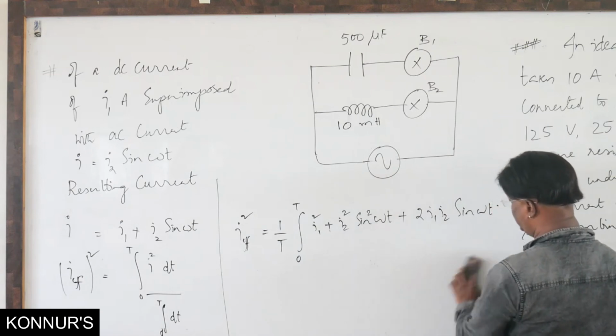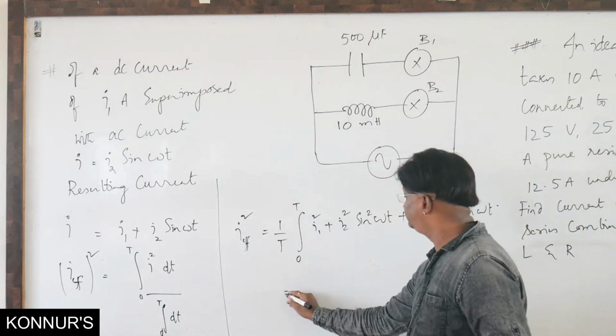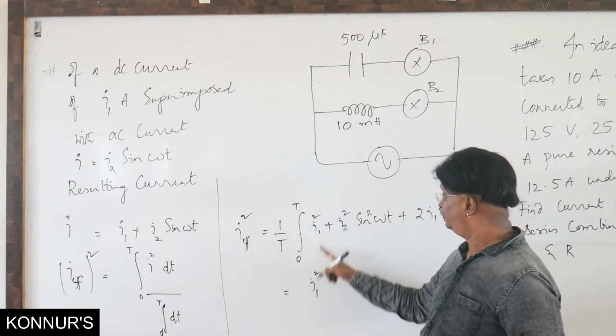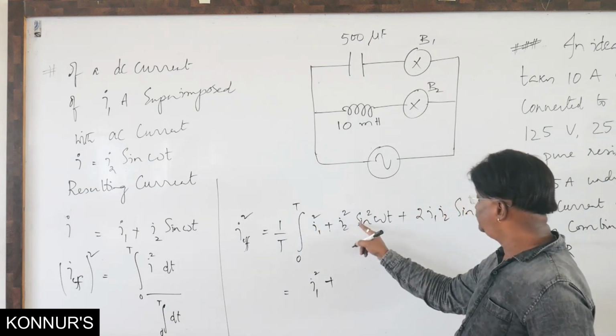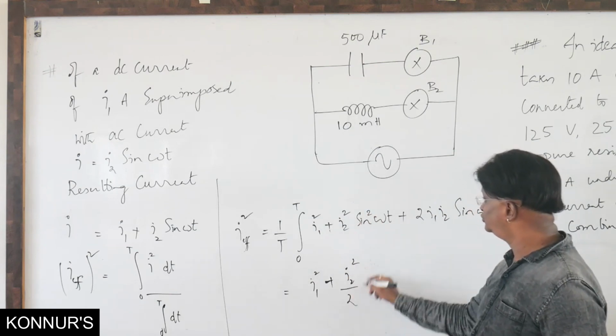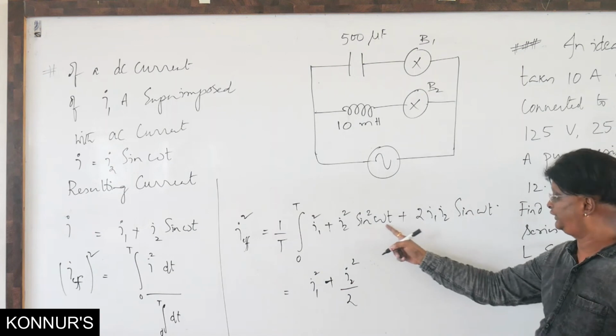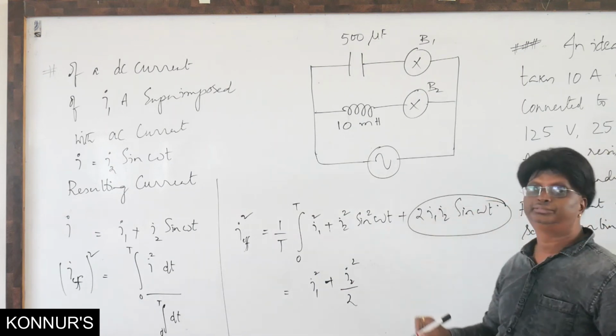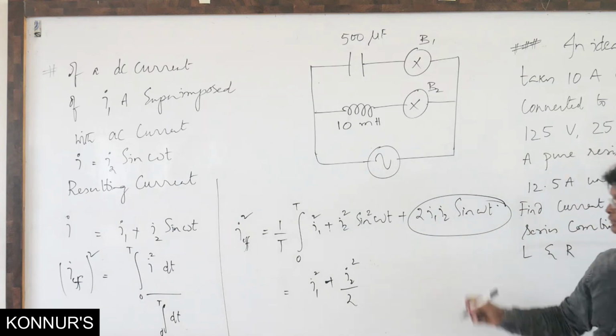Now according to that, we get I1 squared plus I2 squared sine squared omega t, which gives I2 squared by 2, because it is the integral of the sine square theta term, and this entire last term will be 0, the average value of sine theta over the complete cycle.